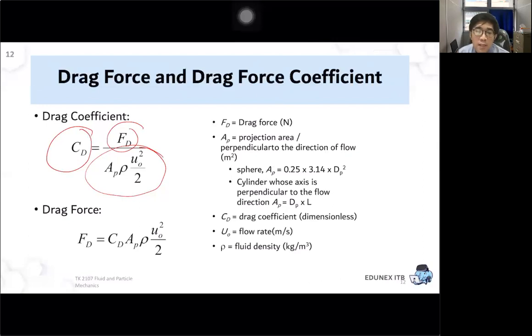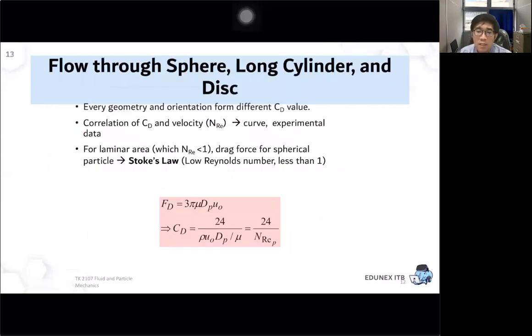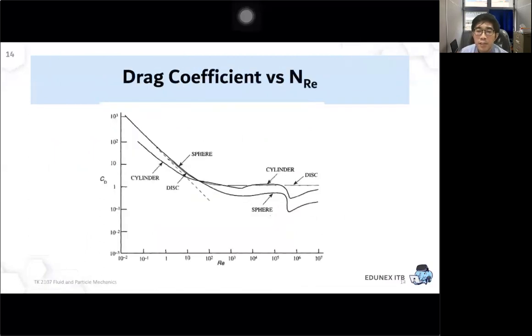We can calculate the drag coefficient by using a certain equation or using a certain graph. For example, for very low particle Reynolds number, the drag coefficient will be inversely proportional to the particle Reynolds number. You can use the equation directly, but for higher Reynolds number, you have to use the graph.